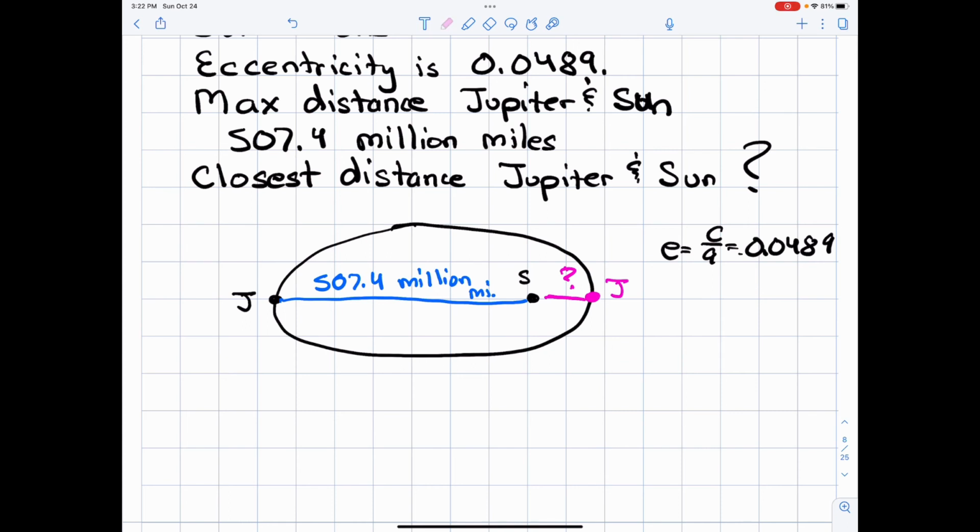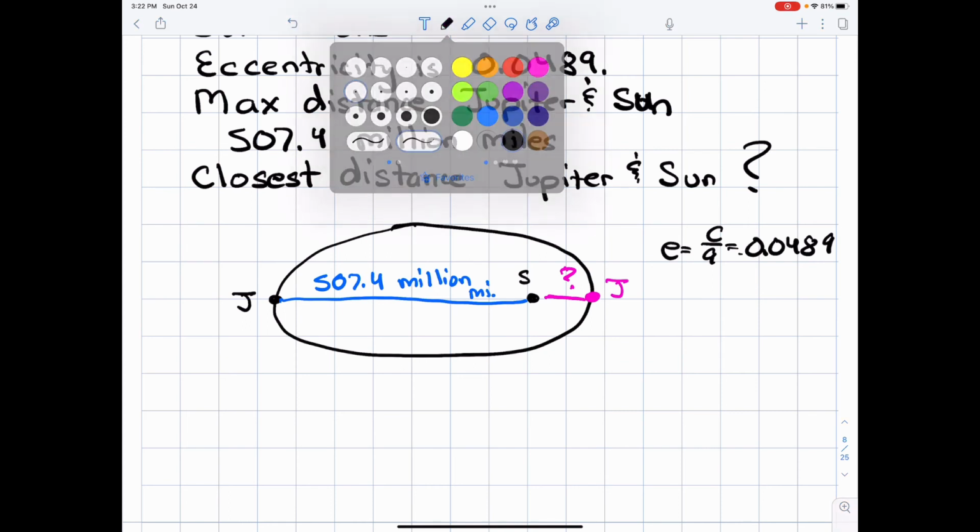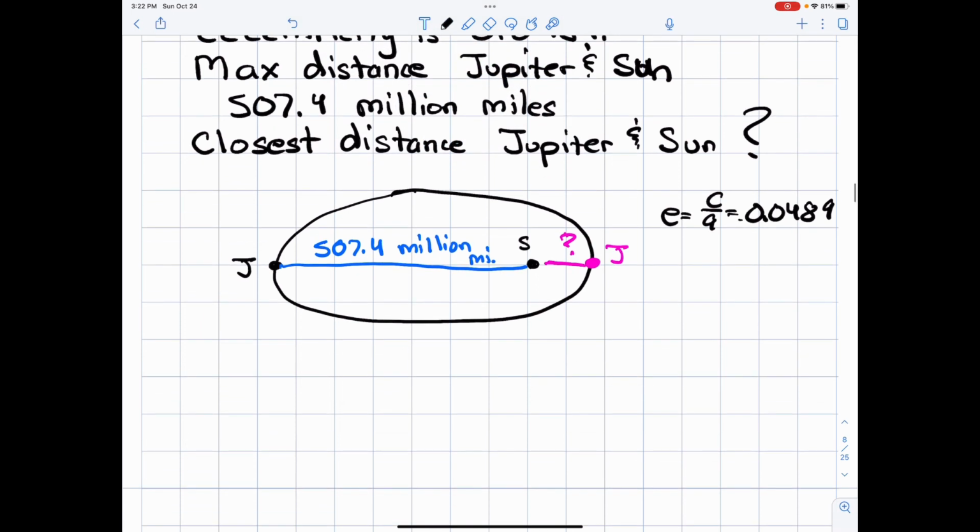Okay, so let's think about what we know then. Have to do a little algebra as we figure this out. So I already know C over A. Let's see, we think about where the center is, right there.